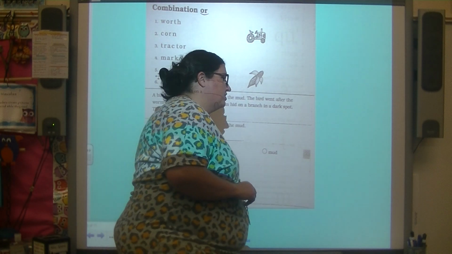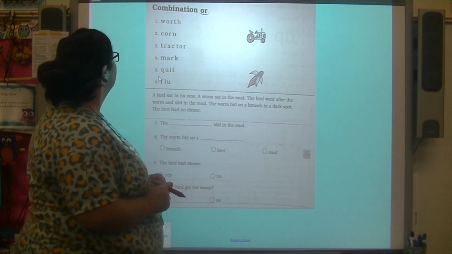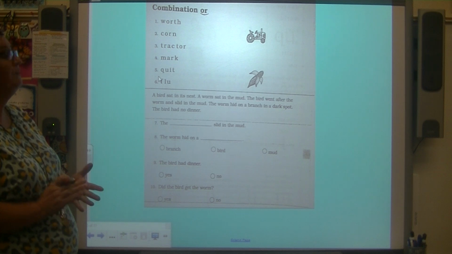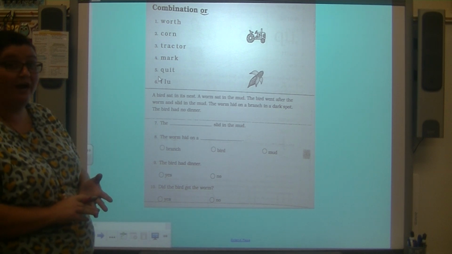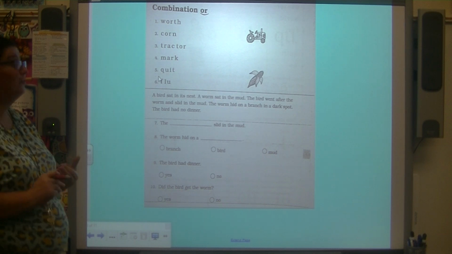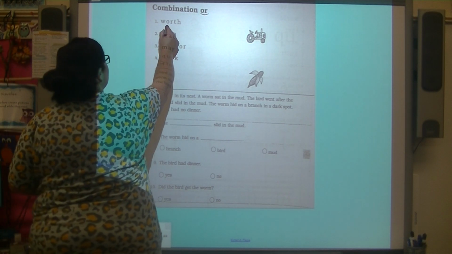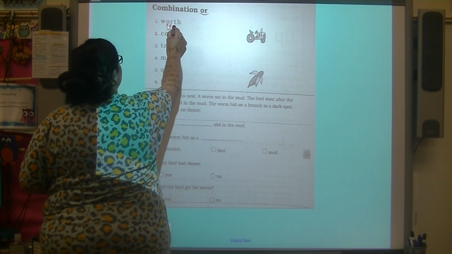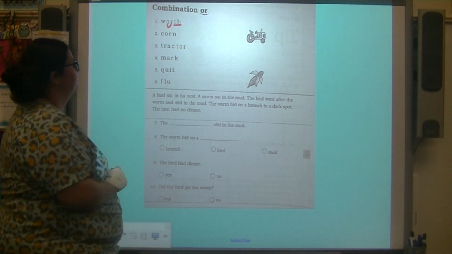All right, we code it just the same. So number 1, do we have any combinations or digraphs? We actually have both. We have combination O-R and we have digraph T-H.